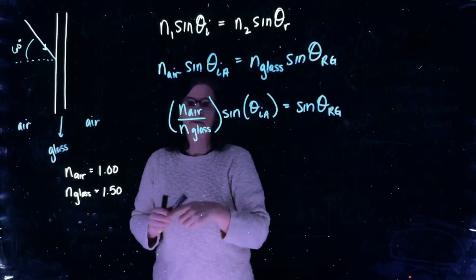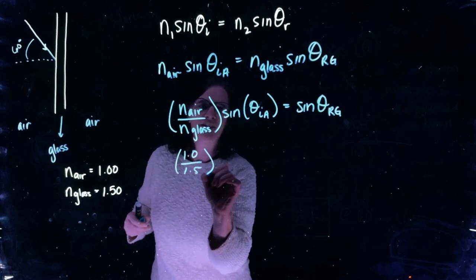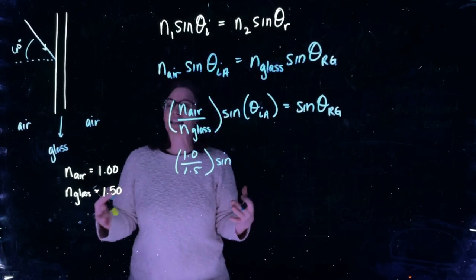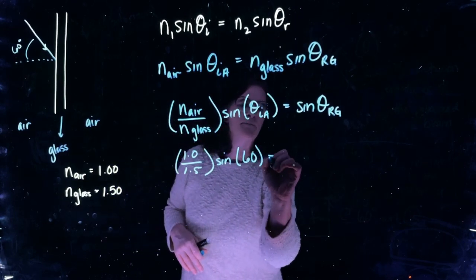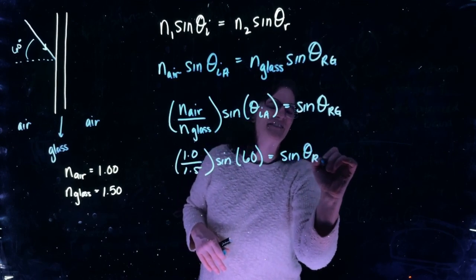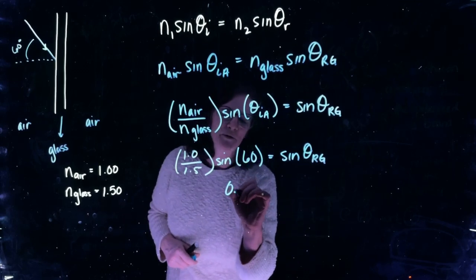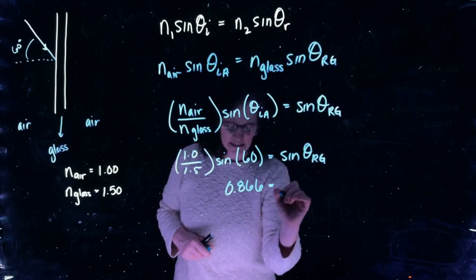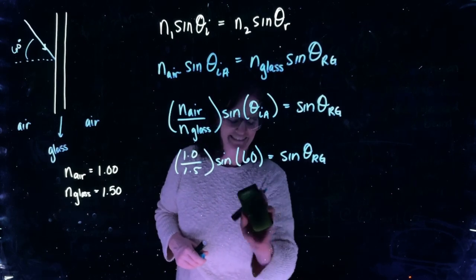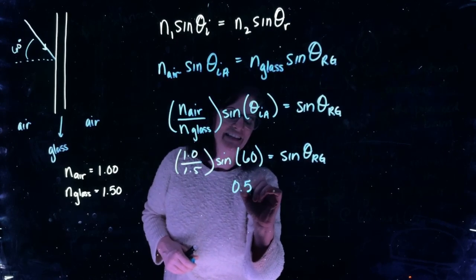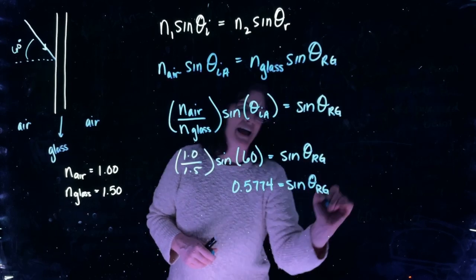So we can plug in our numbers. We have 1.0 over 1.5 times the sine. Now, what is the incident angle? Well, we are told that it is 60 degrees. So times the sine of 60 is going to equal the sine of the refracted angle in glass. And this comes out to be 0.5774, which is equal to the sine of the refracted ray in glass.